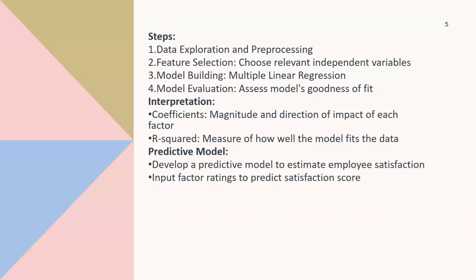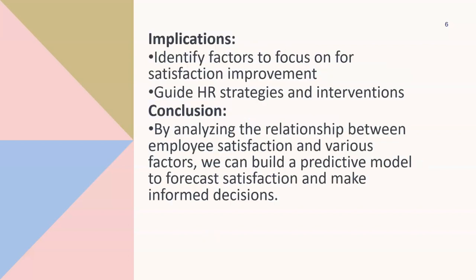Direction we can check using the sign, and using the magnitude we can check the amount of association between the dependent variable and the independent variables. And the next is R square, which shows us how well our model fits. Then we are going to build the predictive model to predict the value of our satisfaction score or employee satisfaction based on the different predictive factors.